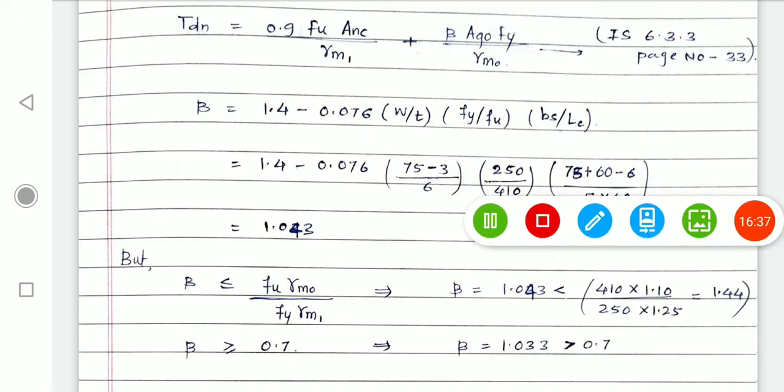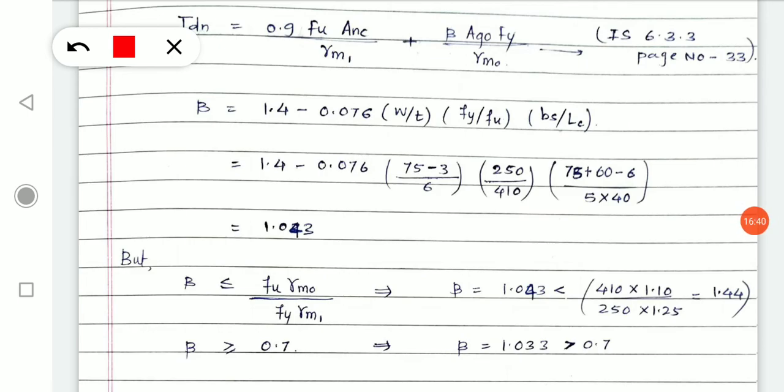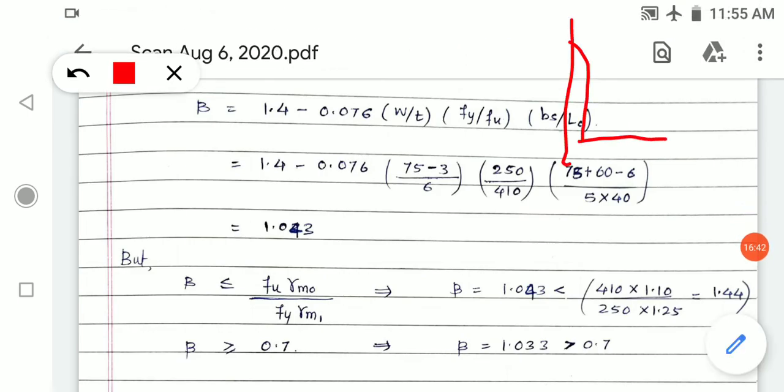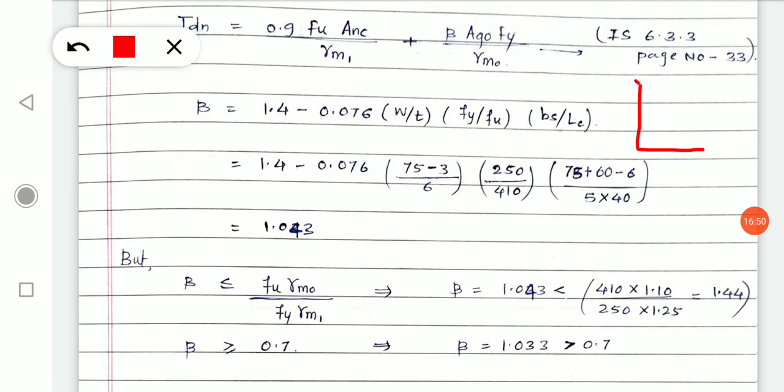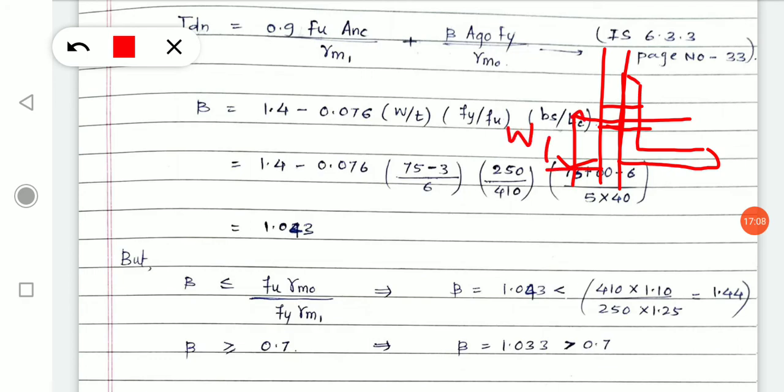Okay, we know that our angle is connected with the 100 mm leg to the gusset plate, right? And if it is connected with the 100 mm leg, then the outstanding leg will be 75 mm, and this distance up to this will be W1, this leg length will be W, and T will be the thickness.